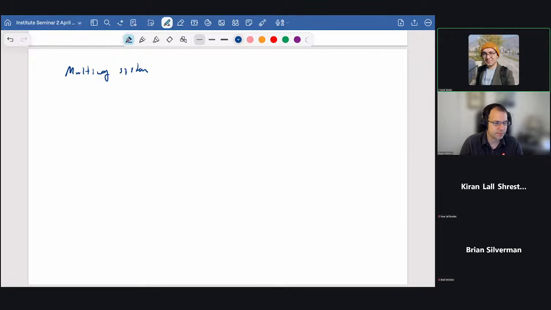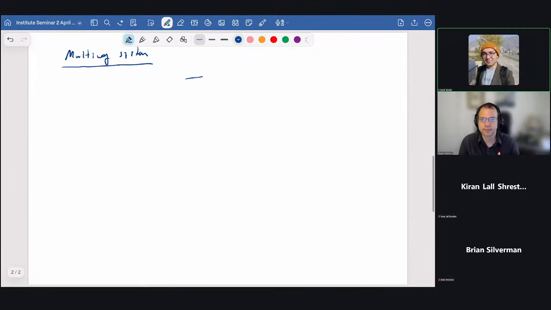I will briefly talk about the multi-way system in the Wolfram model. The idea is that we have some initial configuration. It may be a string, hypergraph, or another object. Then we define a rewrite rule that transforms some matched patterns to some other patterns.